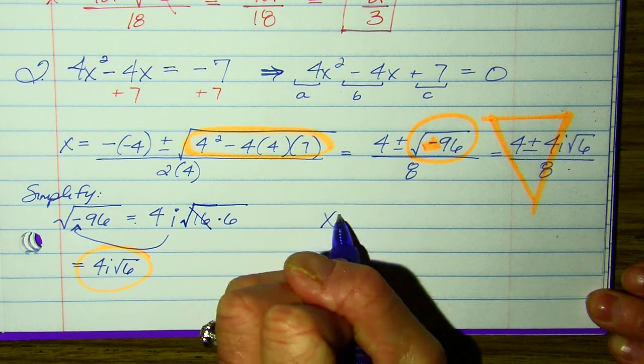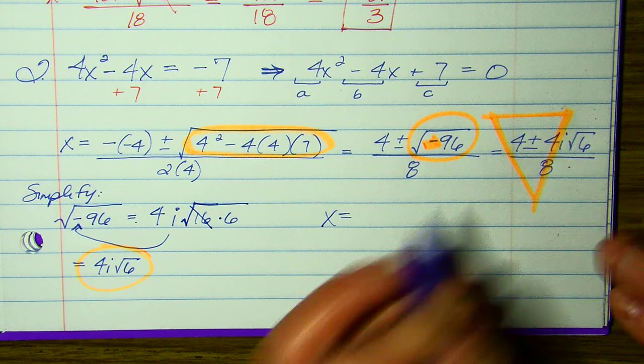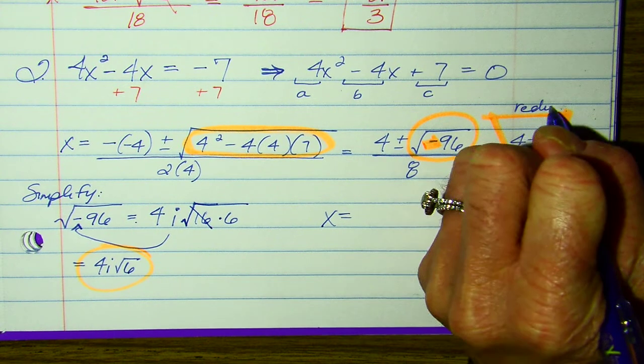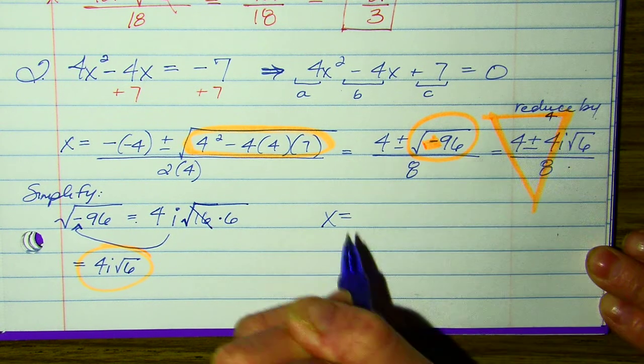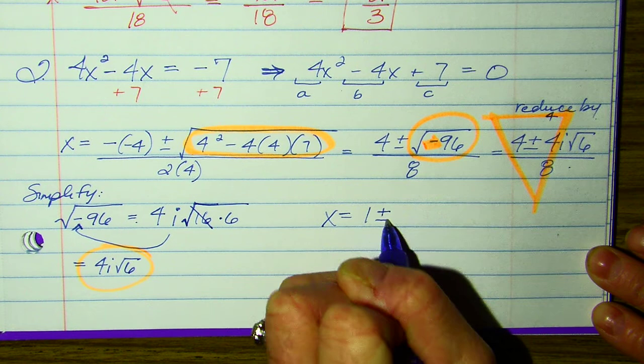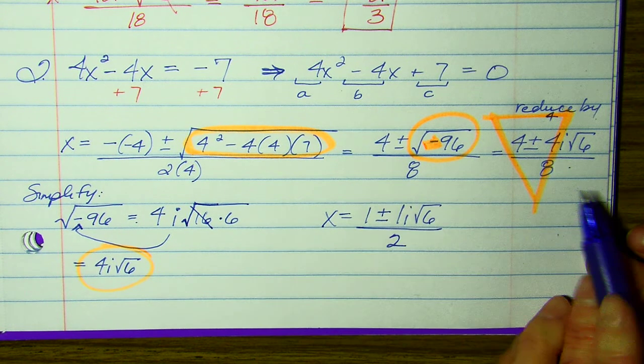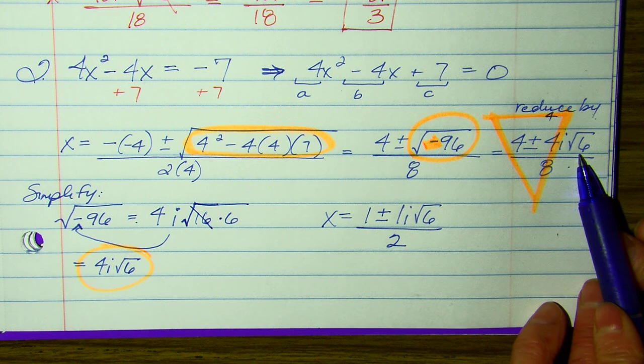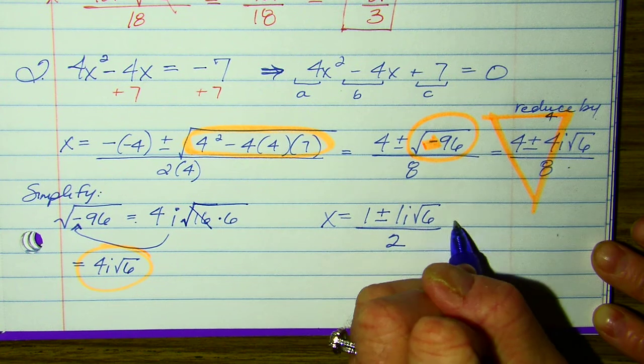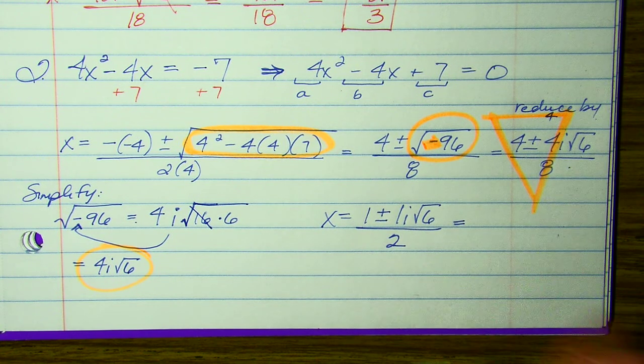So x equals, I'm going to reduce everything by 4. So I get 1 plus or minus 1i root 6 over 2. Notice I did not reduce the root 6 because it's square root of 6, and 6 is not divisible by 4, and that's a square root. Then I have to write this separately.